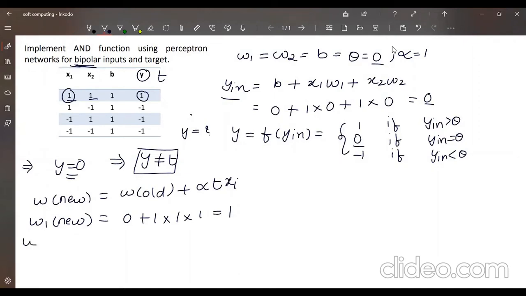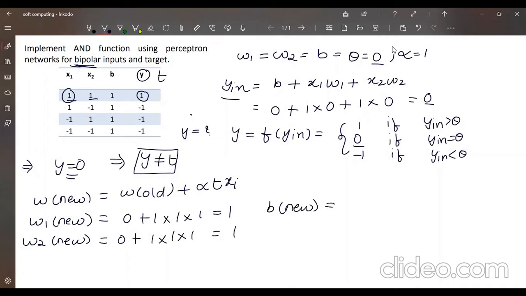Similarly, find W2 new. Old W2 is 0 plus alpha 1 into target value 1 into X2, which is 1. So it is 1. We have to update the bias value also.